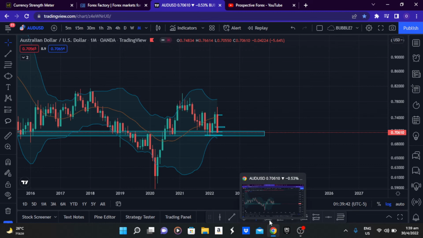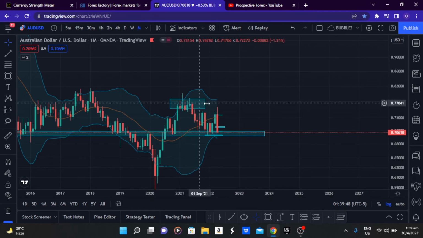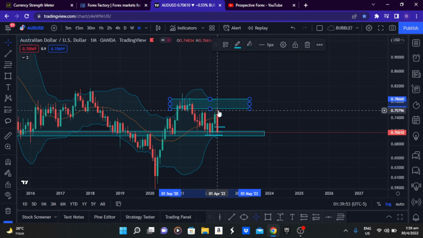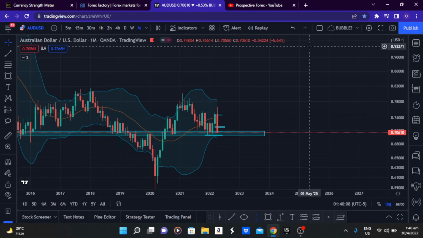Price made 5 attempts to break above this level here, and then it rejected, and then price stopped back into this level right here again and went down. So the overall trend that I'm seeing here for AUD USD is that it's going to continue bearish. So the only thing that I would have to do is just sell, sell, sell.